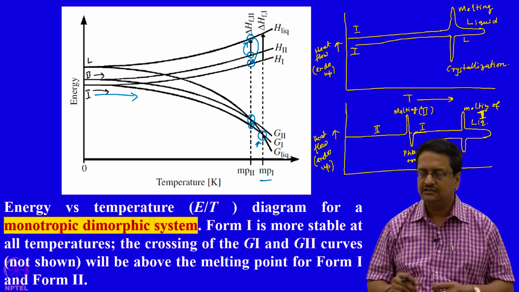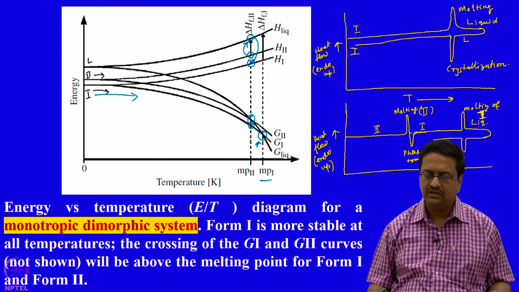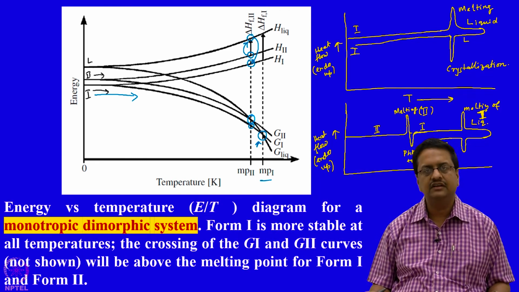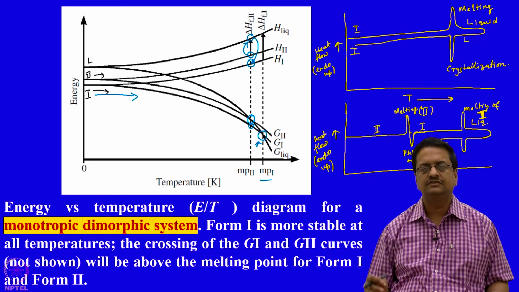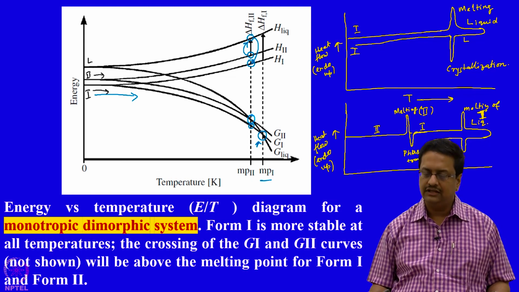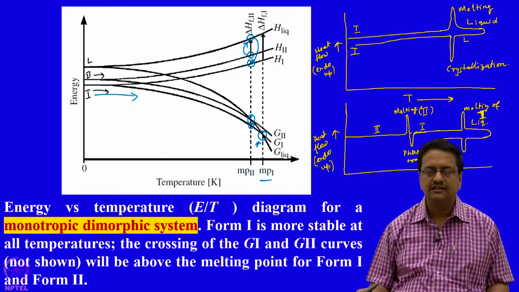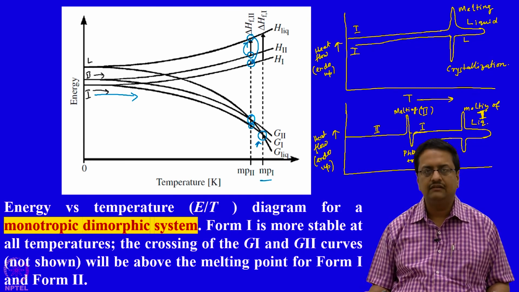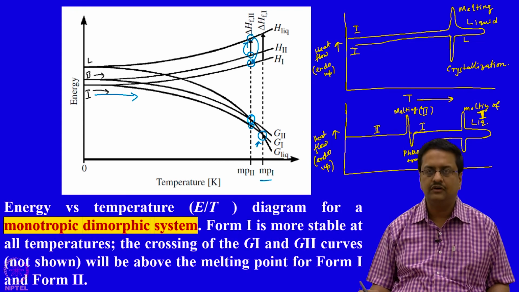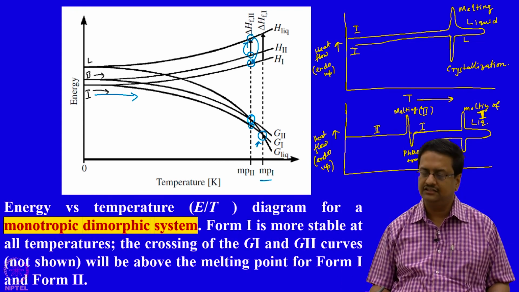So, today in this part of the lecture on polymorphism, we have learnt about the definition of polymorphs, classification of polymorphs in terms of their crystal structures, and also what monotropic and enantiotropic crystal phases in polymorphs are, and we have understood how these different types of polymorphs behave in differential scanning calorimetric experiments.